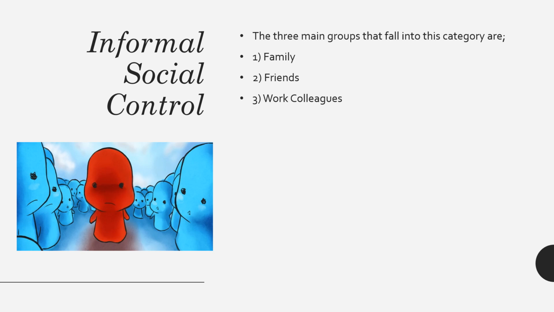So the three main groups that fall into the category for informal social control agents would be, first and foremost, your family, secondly, your friends, and then thirdly, your work colleagues. Each form of control leads to a level of sanctioning.